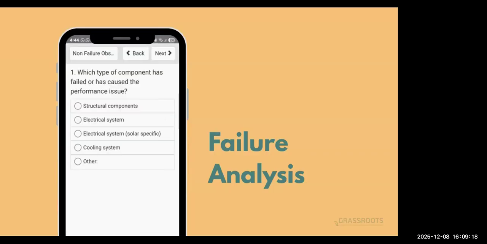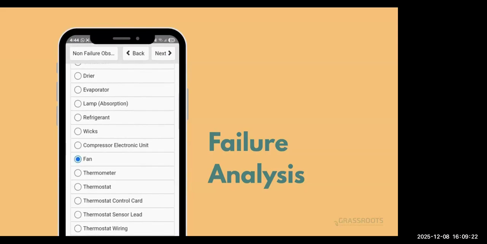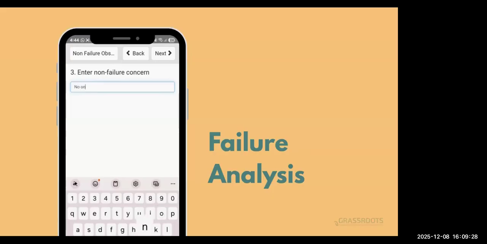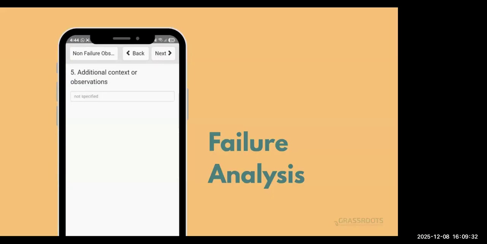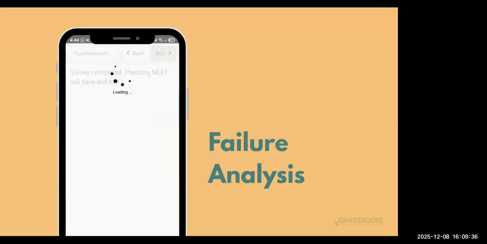To ensure accuracy and efficiency, the technician follows the structured failure analysis survey, completing only the sections needed to verify, document, or diagnose the fault. This ensures that all critical information is captured in a consistent format and supports timely, evidence-based maintenance decisions.